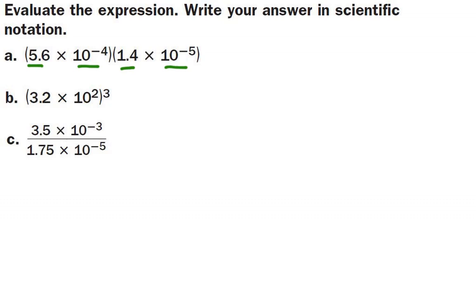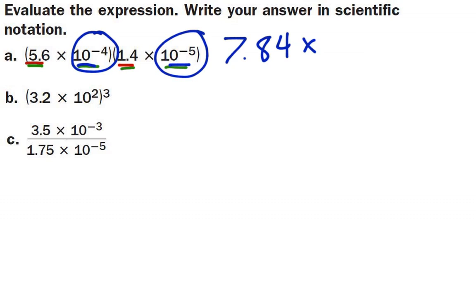So I'm instead going to start out by multiplying those things together, and then later multiplying those things together. 5.6 times 1.4 on my calculator is 7.84 times 10 to the, well, I can do this in my head. I can use that property that says when I multiply powers with like bases, both of them being tens, I can add the exponents together. So that's times 10 to the negative 9th power.